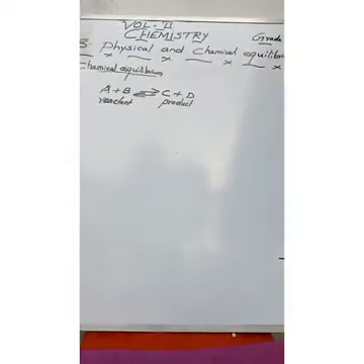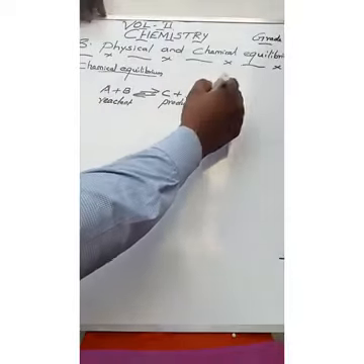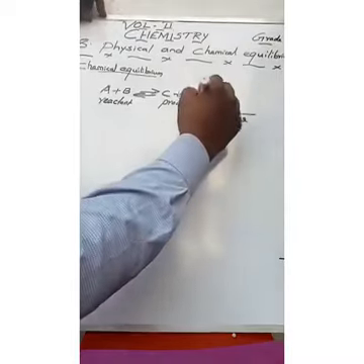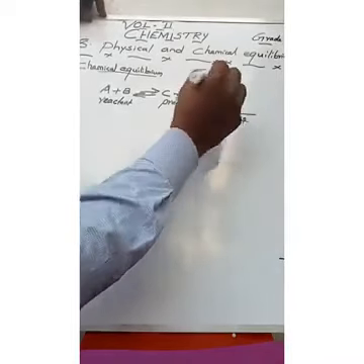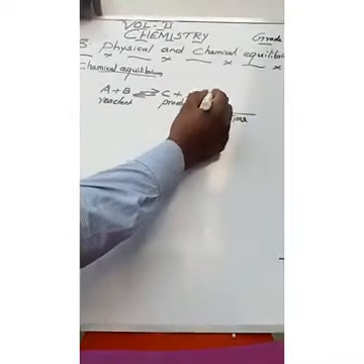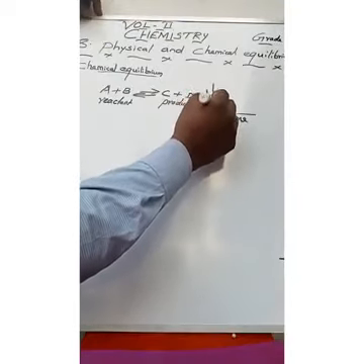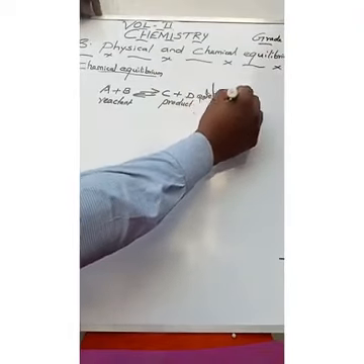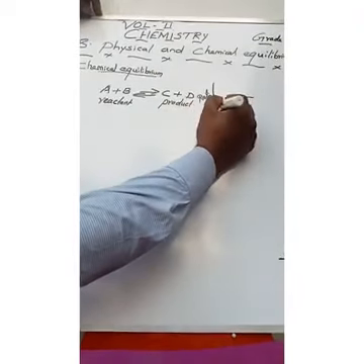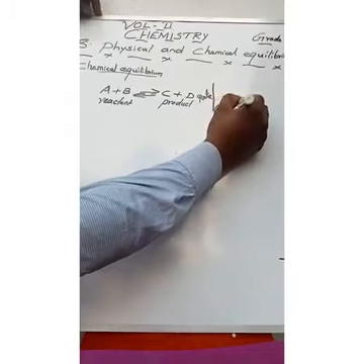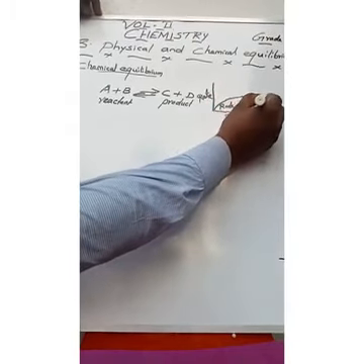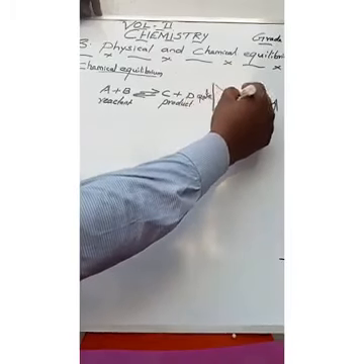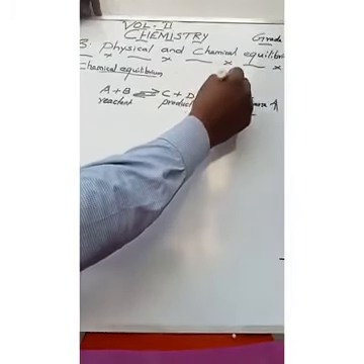We can discuss one graph. I'm taking a graph of time versus reaction rate. Here, the rate of the reverse reaction increases, and the rate of the forward reaction decreases.